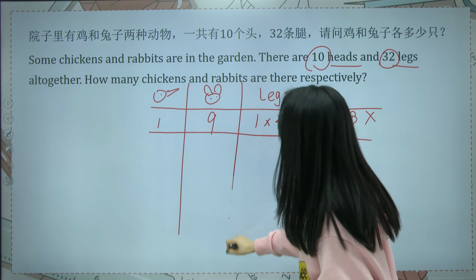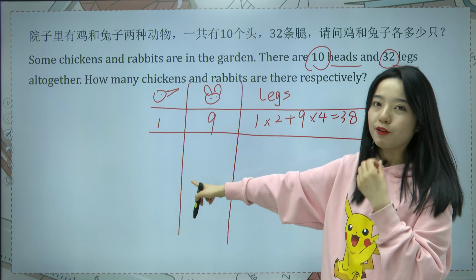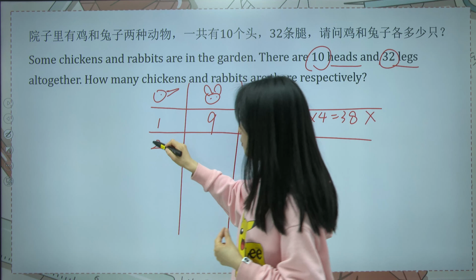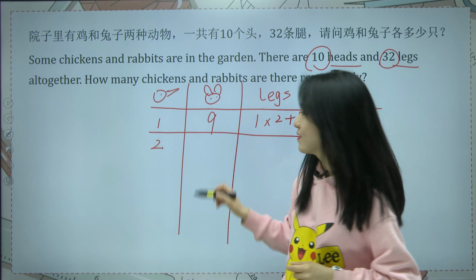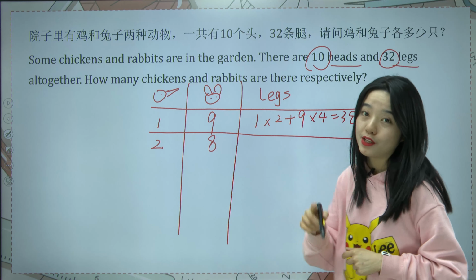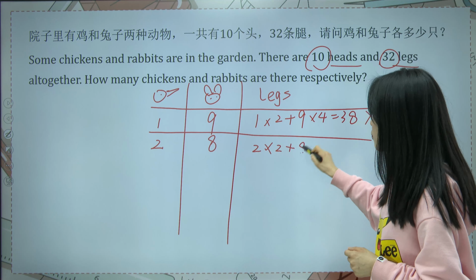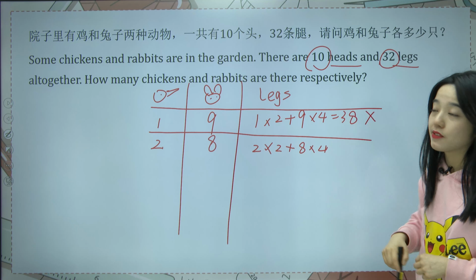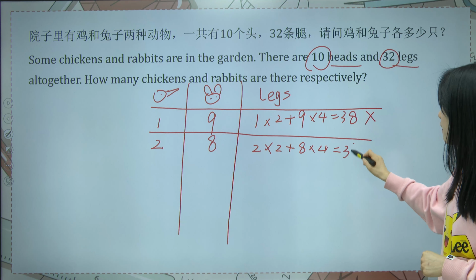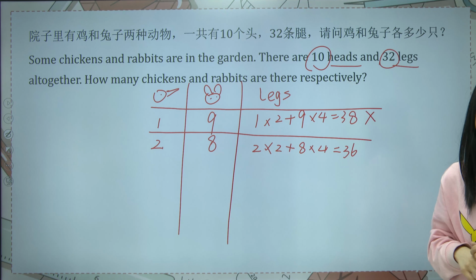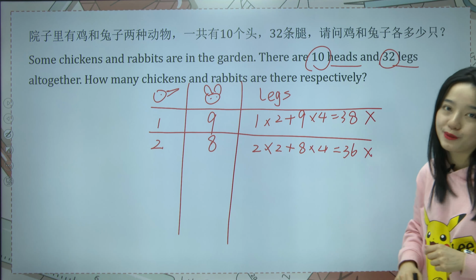Now when there are 2 chickens, how many rabbits? 8 rabbits. 10 minus 2 equals 8. Every chicken has 2 legs. Every rabbit has 4 legs. So altogether we can find 36 legs. No, it's not 32 either.